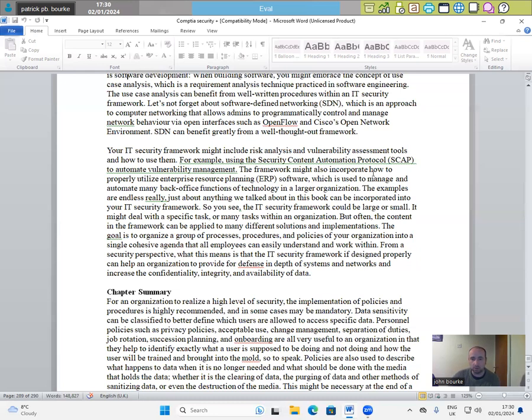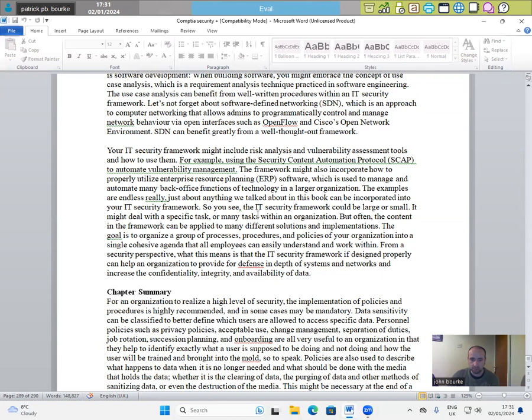The framework might also incorporate how to properly utilize enterprise resource planning (ERP) software, which is used to manage and automate many back office functions of technology in a larger organization. These examples are endless, really. Just about anything we talked about in this book can be incorporated into your IT security framework.